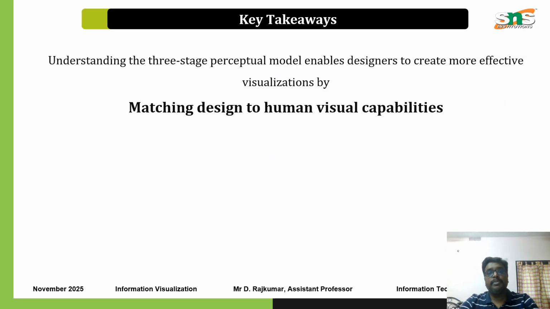The perceptual way of understanding involves three stages, and by understanding the nature of the human eye we will be able to create much more effective visualizations so that our information is delivered in a better way. Matching design to how our human eye works helps us come up with better visualizations, and better visualizations lead to better understanding, which leads to better decision making.